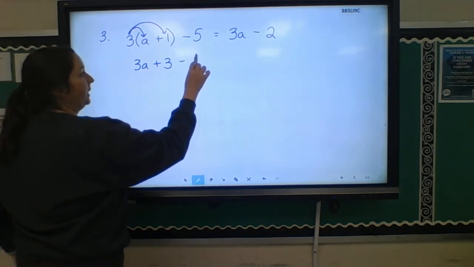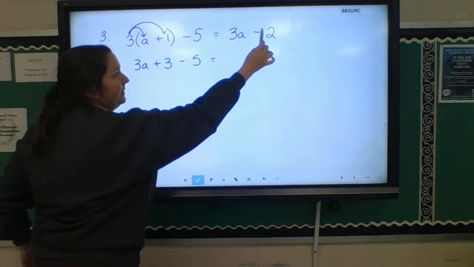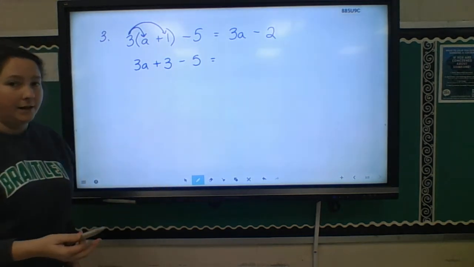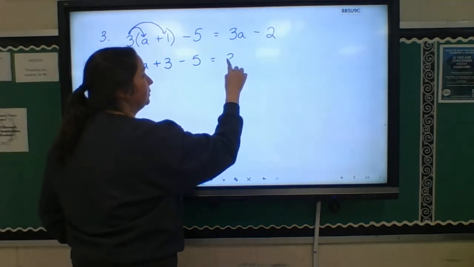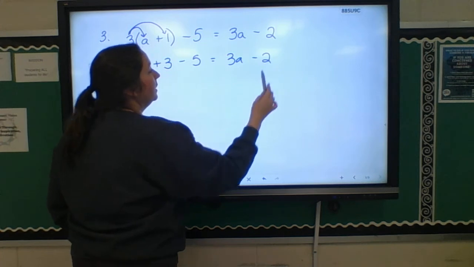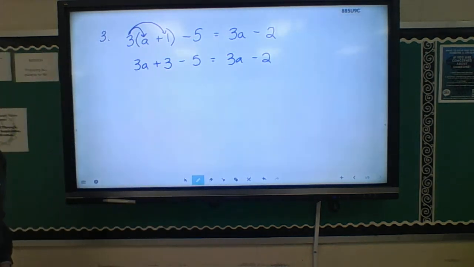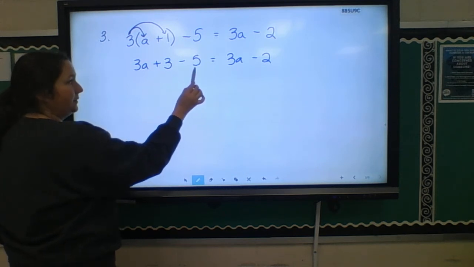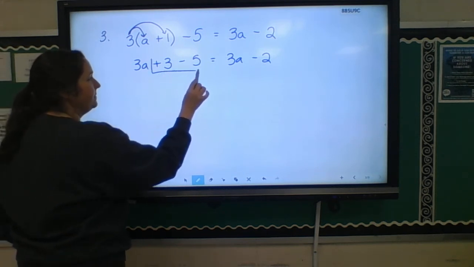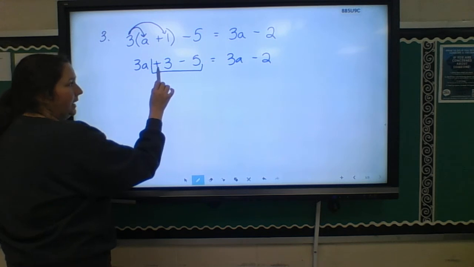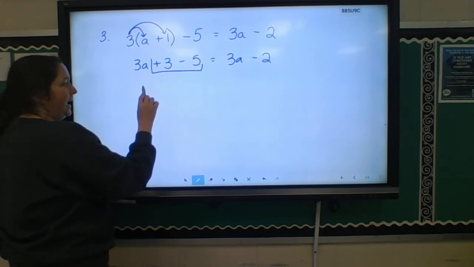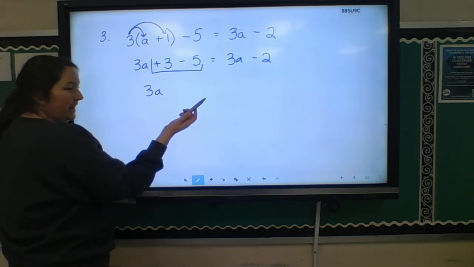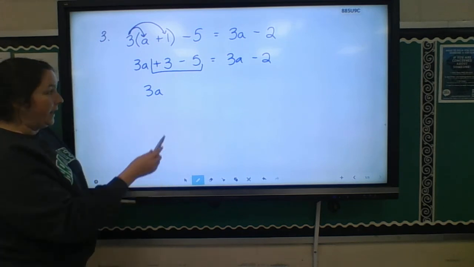So I'm just going to bring it on down. And then this side doesn't have a parenthesis, so I just bring it down. Okay, now I see that I have some like terms that I can combine. So a positive 3 minus 5 is negative 2, which means subtract 2.